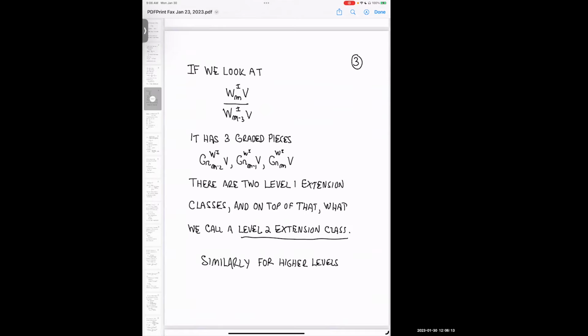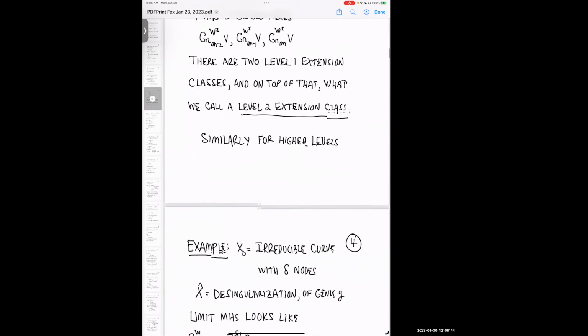This has 2 level 1 extension classes, between m-2 and m-1 and between m-1 and m. But on top of that, there's this level 2 extension class. Although this is not an extension in an Ext^2 in mixed Hodge structures, we don't have those, it is an interesting object nevertheless. Of course you can do this for all levels and get level 3, level 4, et cetera.